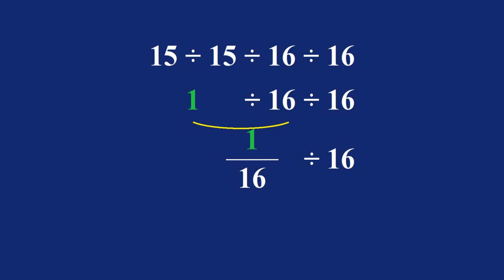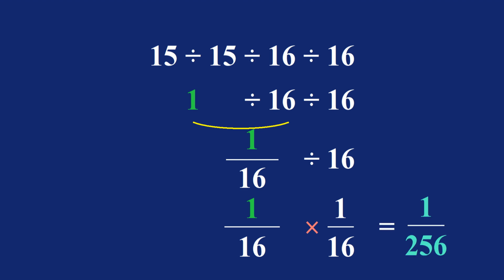So we must keep the first fraction 1 over 16 and change division to multiplication. Then flip the second fraction, 1 over 16, which equals 1 over 256. And this is our final answer for this problem.